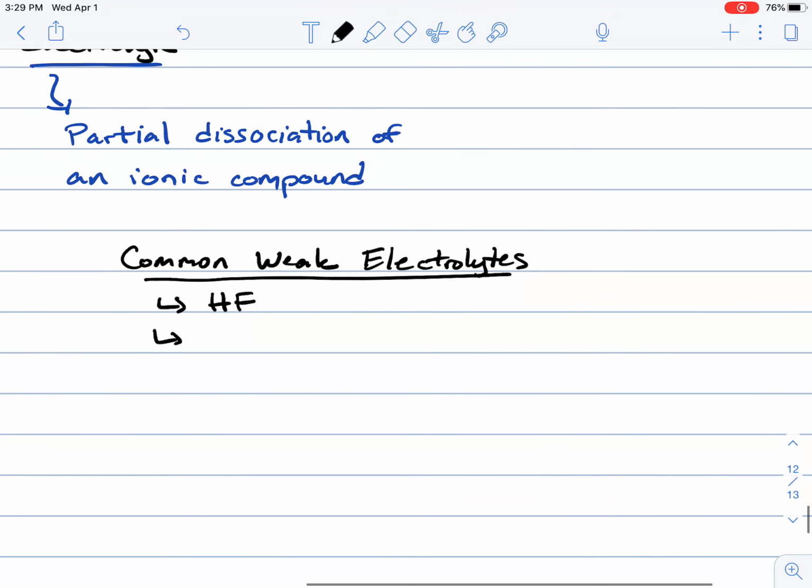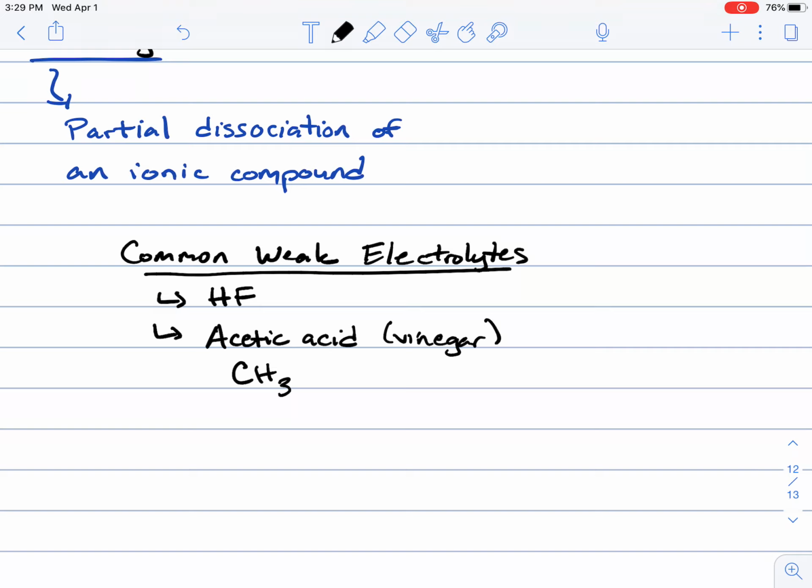And we have another one, acetic acid. So acetic acid is vinegar. And its chemical formula stems from acetate. So if you memorize the chemical formula for the polyatomic ion acetate and add in an extra hydrogen, you get acetic acid: CH3COOH. Another way that this can be written is HC2H3O2.